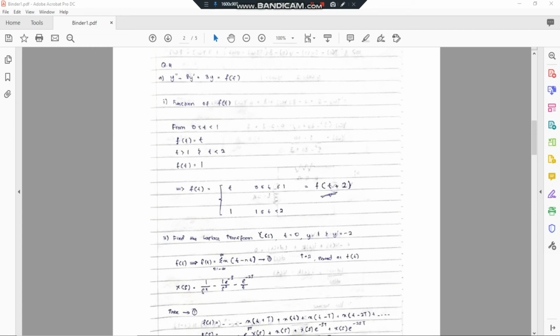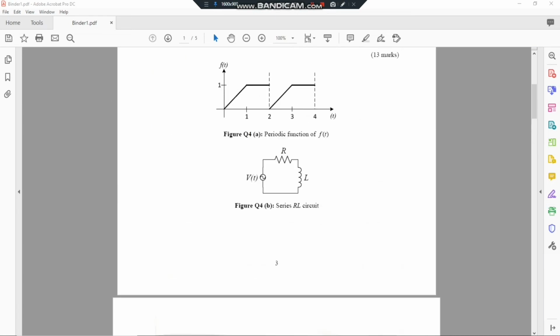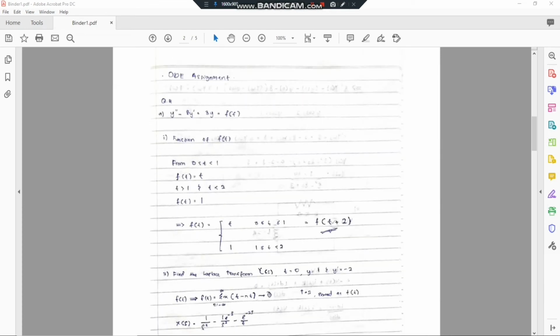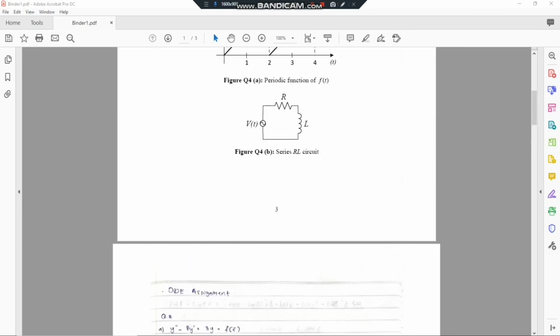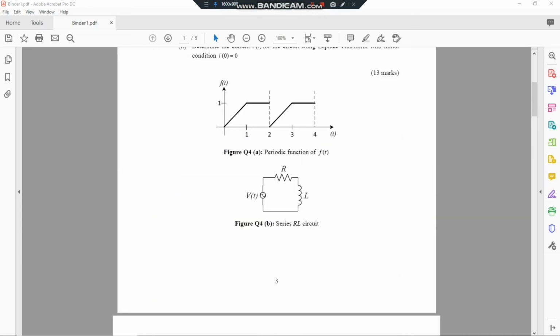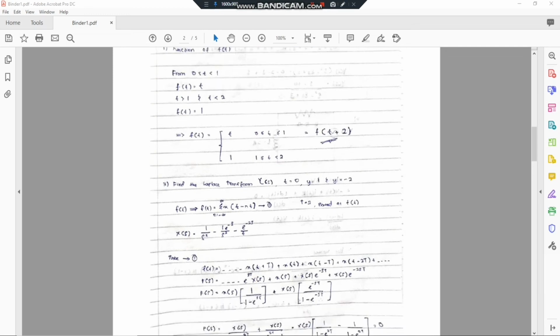For the upper we take t, and for the lower we take 1. For t from 0 to 1 and t from 1 to 2, like this. And then we got the final answer, f equals t plus 2.